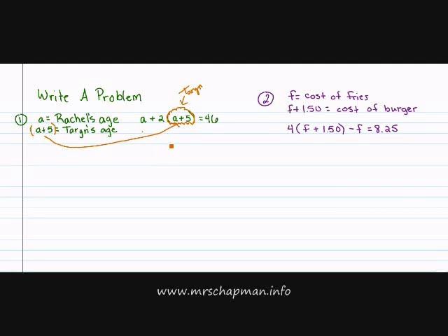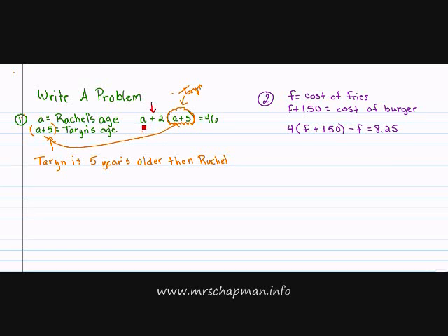Okay? So let's go ahead and write a problem. What do we know? We take a look at what we know. We know Taryn is 5 years older than Rachel, if Rachel is a. So we can say Taryn is 5 years older than Rachel. We can also say the sum of Rachel's age, okay? Here we have an addition problem.